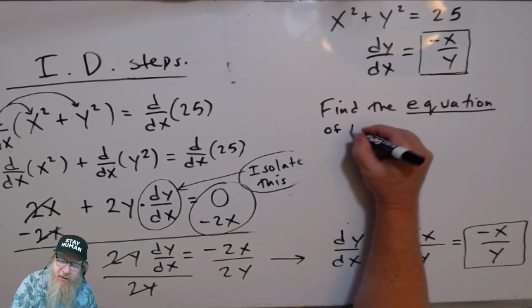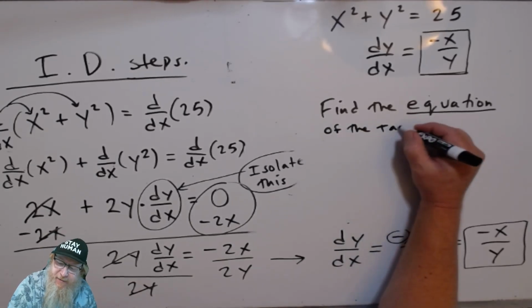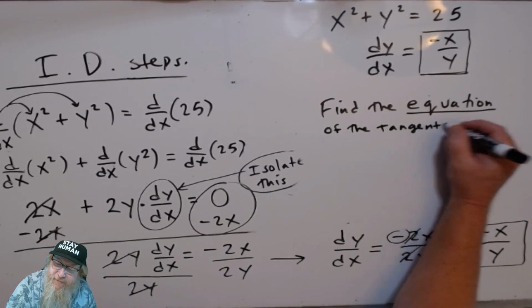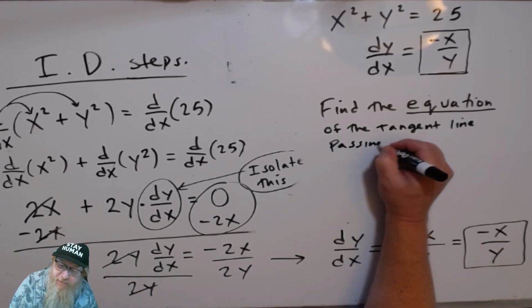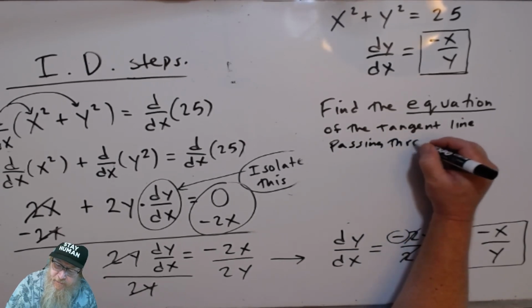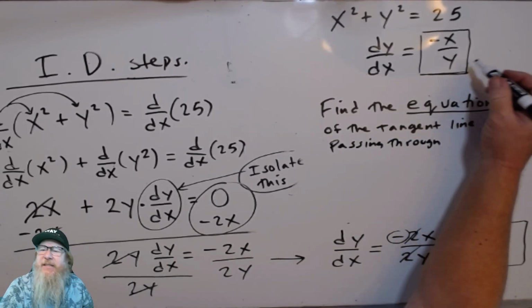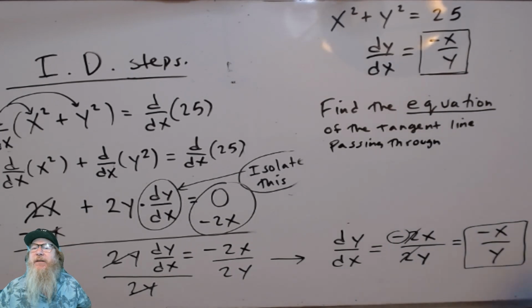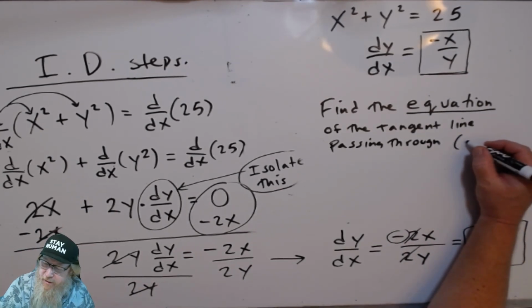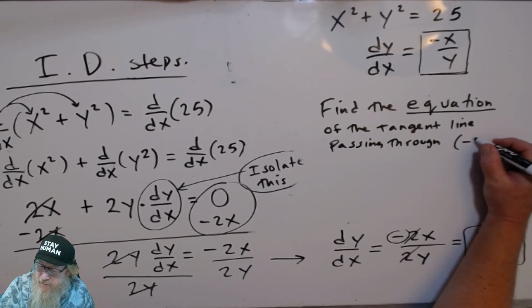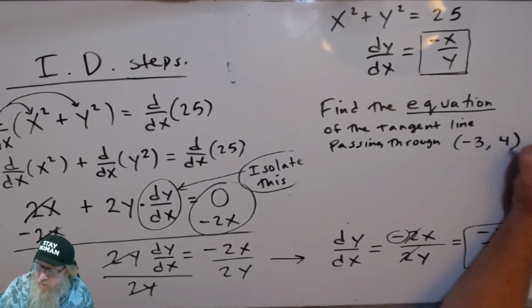Find the equation of the tangent line passing through a point. Because this is an implicit derivative, it involves x and y, so I have to give you both coordinates. Let's do negative 3 and 4.